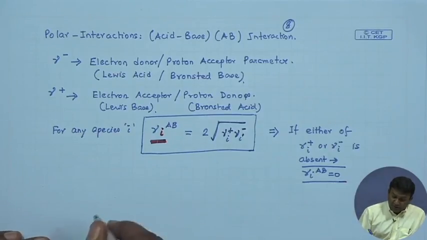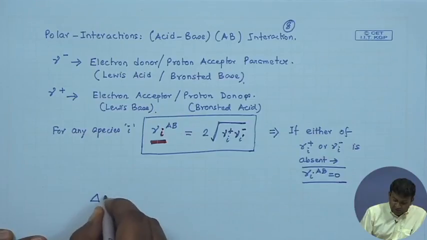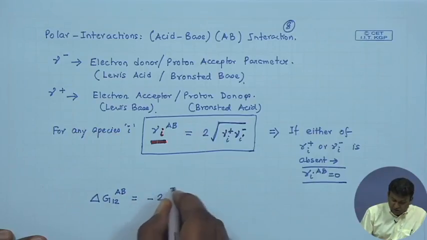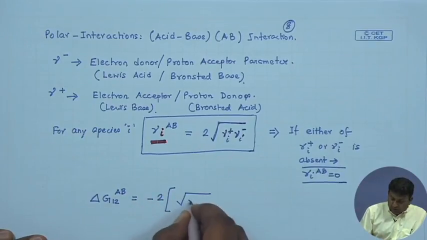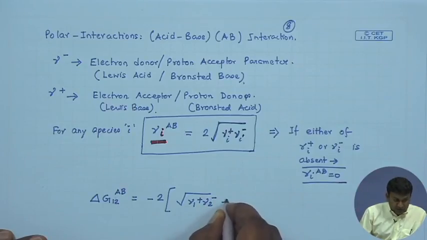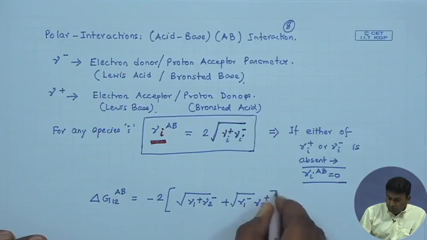Maybe before I stop this particular lecture, one more expression that is useful for polar interaction is delta G AB equals minus 2 times the quantity square root of gamma 1 plus gamma 2 minus plus square root of gamma 1 minus gamma 2 plus.